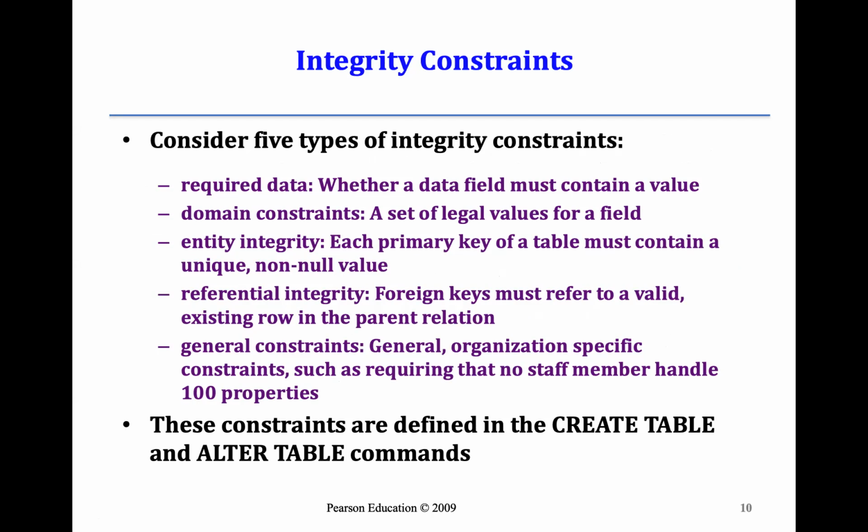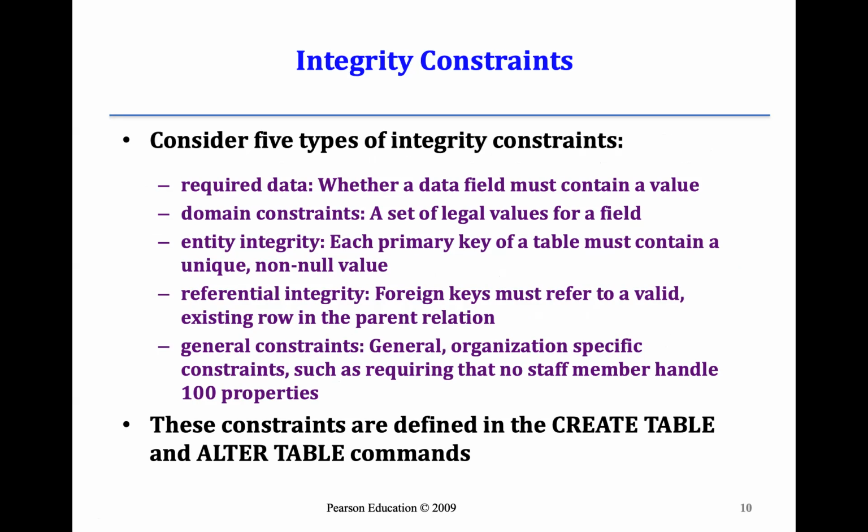So the next thing we care about is integrity constraints. And remember that there are 4 in the relational model. There's entity integrity, which says that you have to have non-null values for your primary keys. There's null, which allows you to store an unknown value.